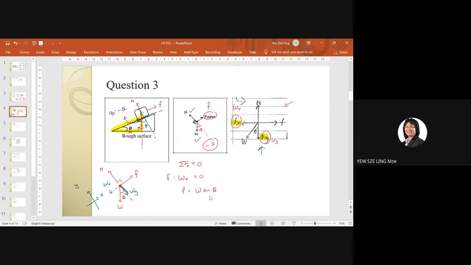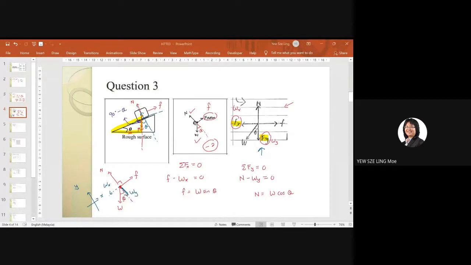And then for the y components, summation Fy equals 0. Again we have two forces, N minus Wy equals 0, so N equals Wy. Because the angle is beside the y component, therefore cos theta. So N equals W cos theta. So that is the correct answer for object number 3, object C.